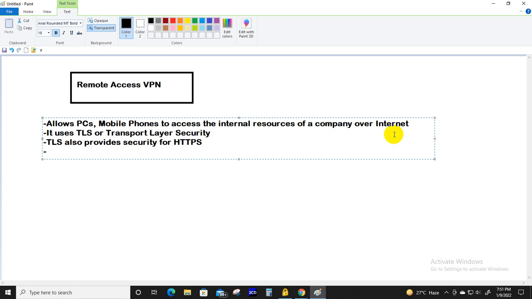Formerly, it is known as SSL or Secure Socket Layer.